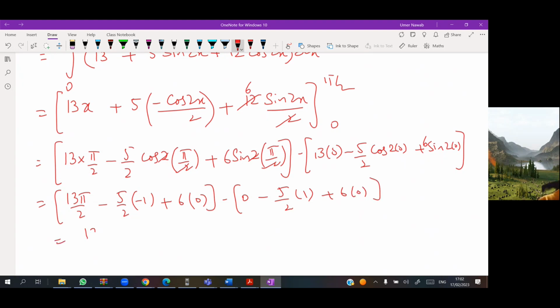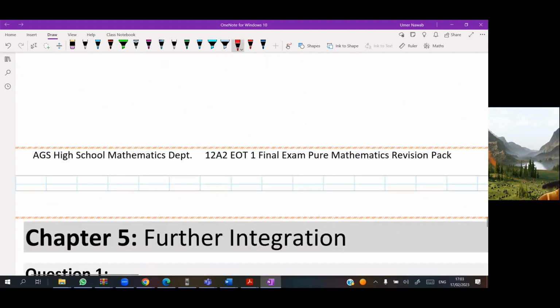Final answer is 13 pi over 2 plus 5 over 2 and plus 5 over 2. That gives you 13 pi over 2 plus 10 over 2, which is 5. So 13 pi over 2 plus 5 is the final answer.